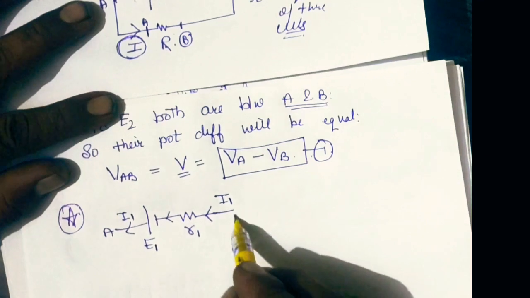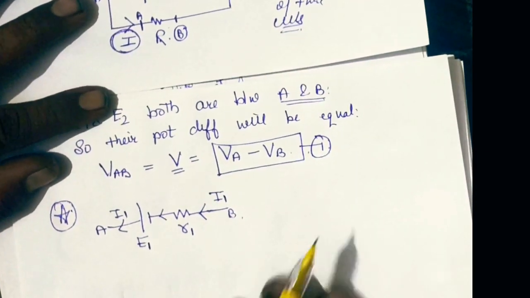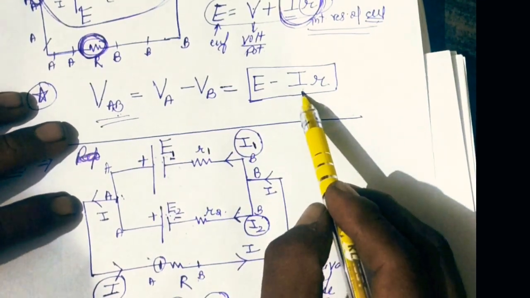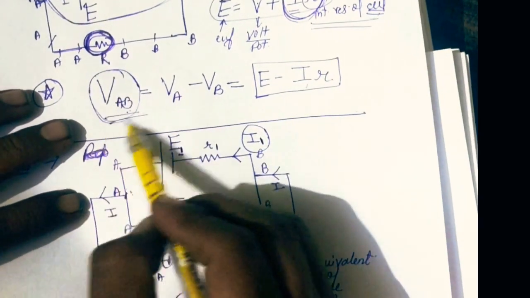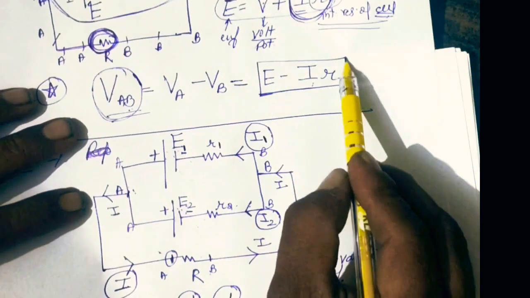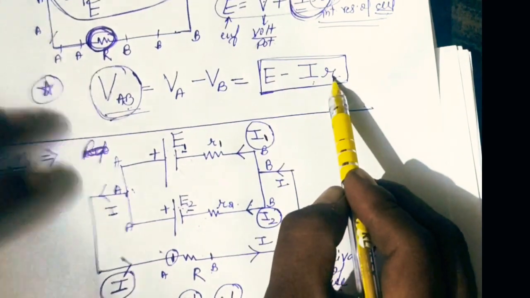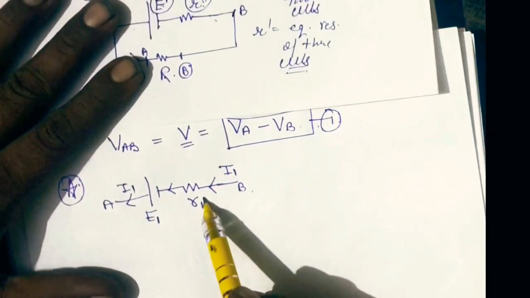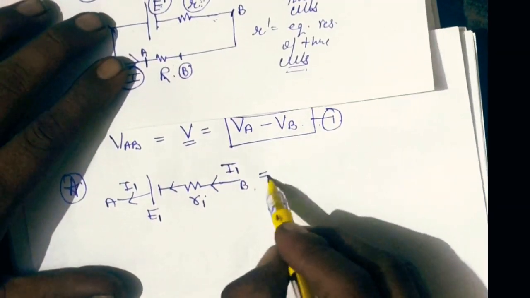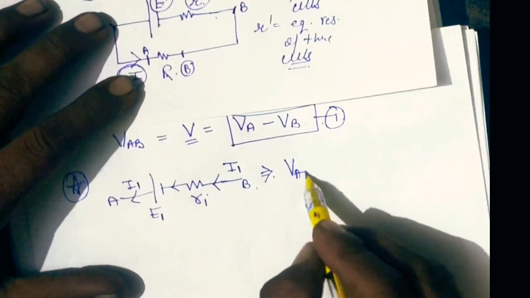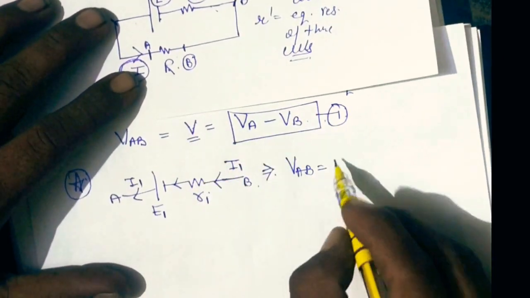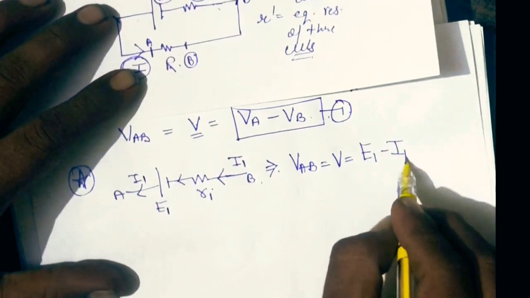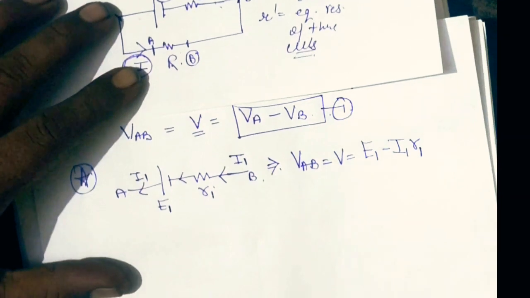This point is A, this point is B. Now if I apply the formula, voltage across two points is equal to EMF minus current into R, where R is the internal resistance of the cell, then I will get VAB, which I am calling V, equals E1 minus I1 into R1.